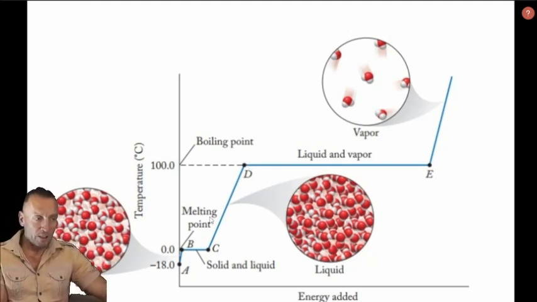Now, looking at this diagram, I'd like you to answer the question. When do you need more energy? From 100 degrees until it is completely evaporated, until we turn it completely to vapor, that means nothing left in the pot, or from 0 degree water, not ice, to 100 degrees?